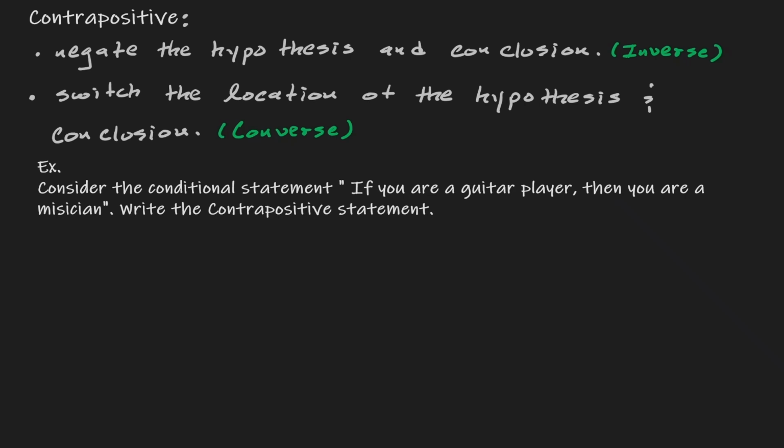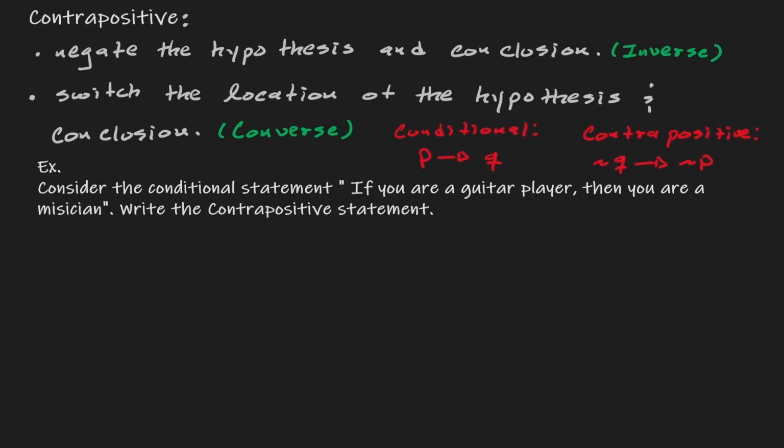So you can think of a contrapositive as a combination of an inverse and a converse within the same conditional statement. If we want to think about this in terms of symbols, a conditional statement was given to us as P arrow Q. So therefore, the contrapositive can be thought of as not Q arrow not P, because notice that we are switching and negating.